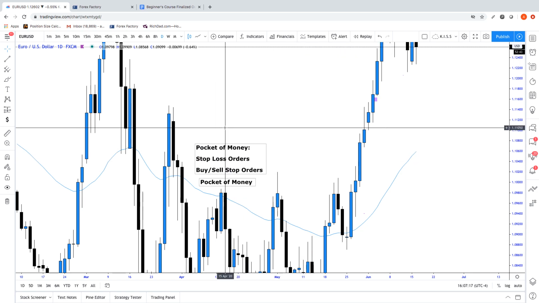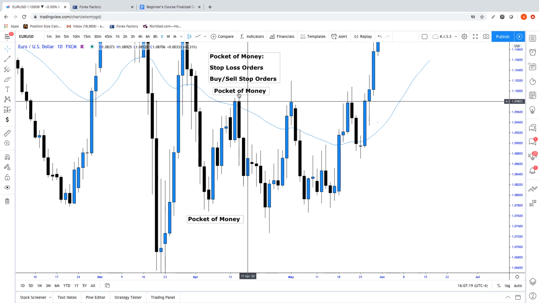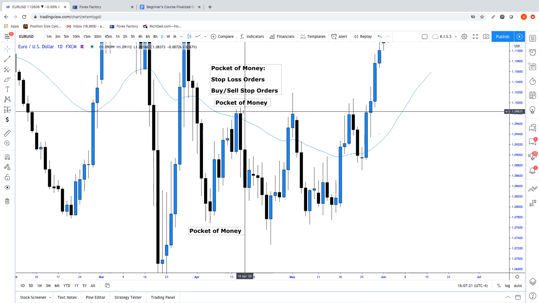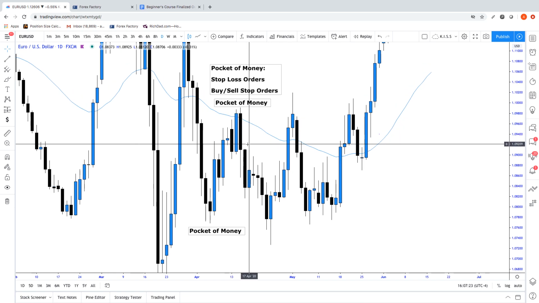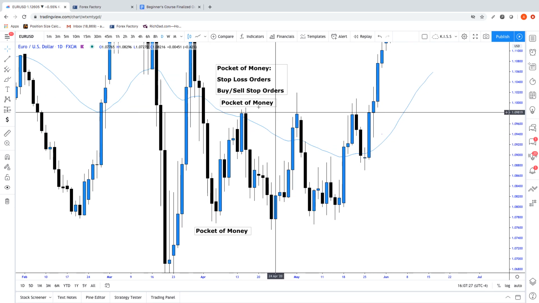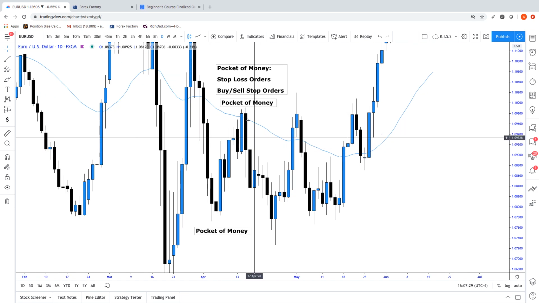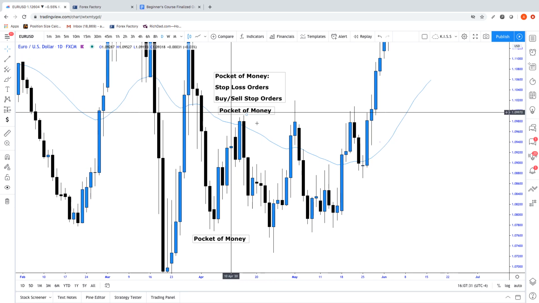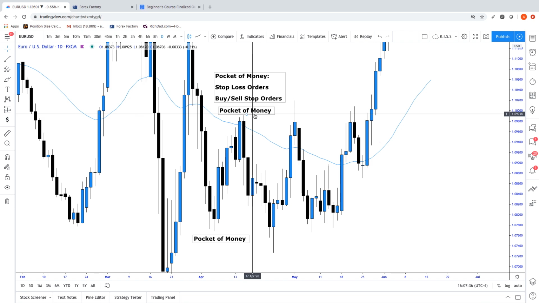Above this high, when price starts to move away from the high, traders who enter short positions, who sell the market, will put their stop loss above the high.